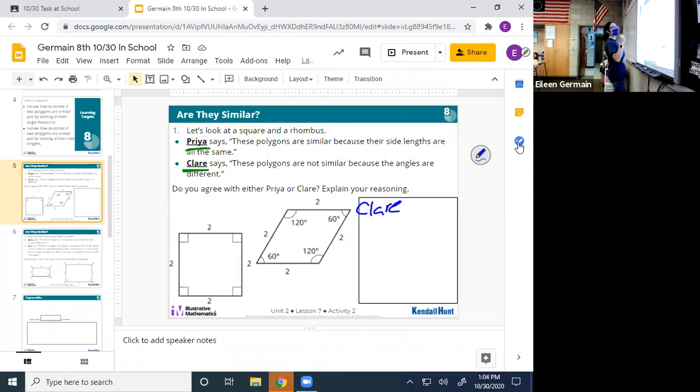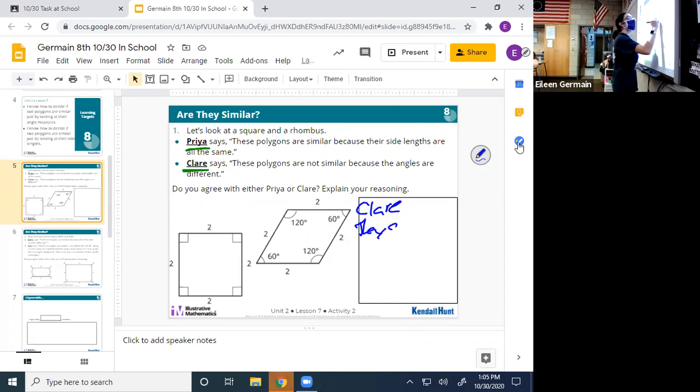because, I think it's all clear, right? We agree with Claire because in general, for them to be similar, they have to be the same what? Same shape, right? They have to be the same shape. So are these the same shape? No, they're not the same shape. They have different angle measures. Exactly what you guys were saying. Awesome.